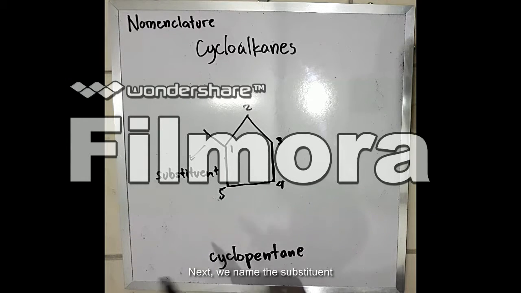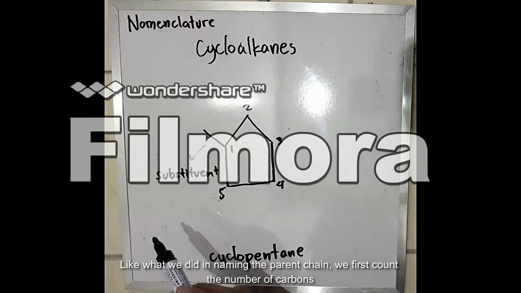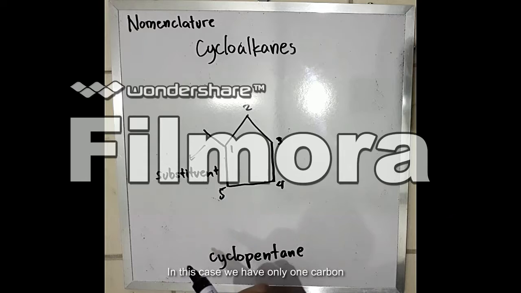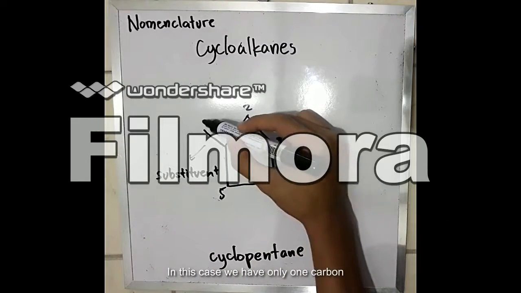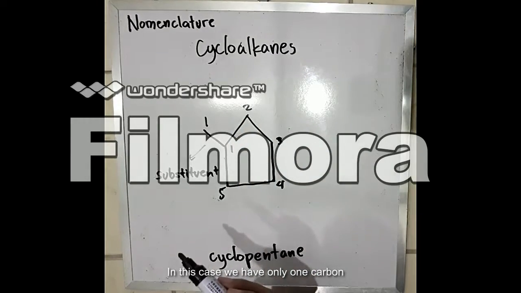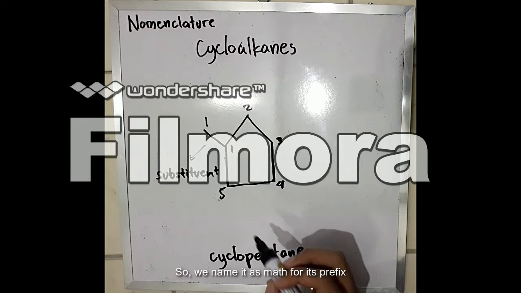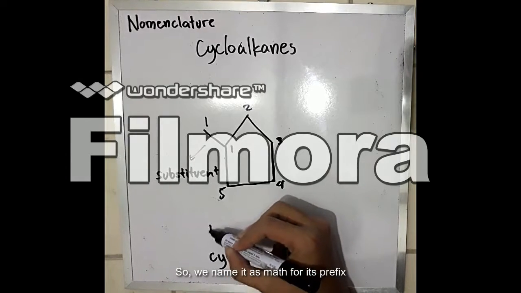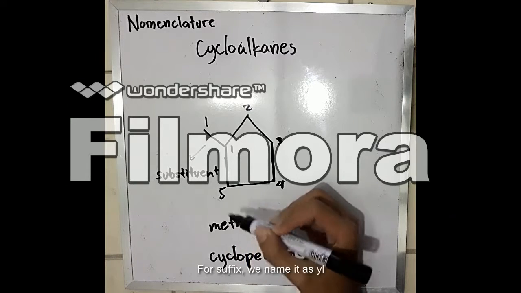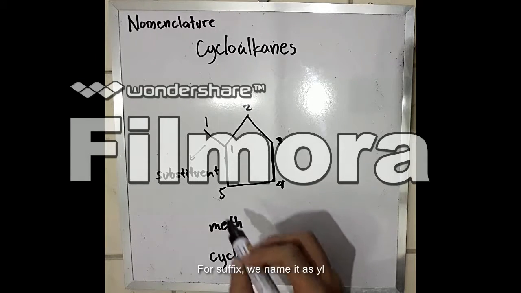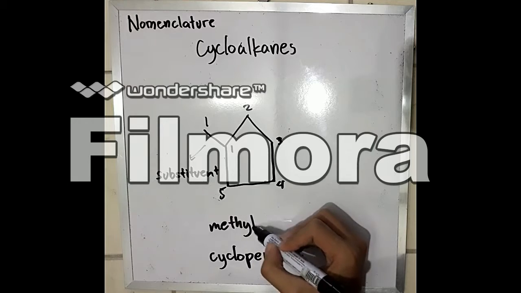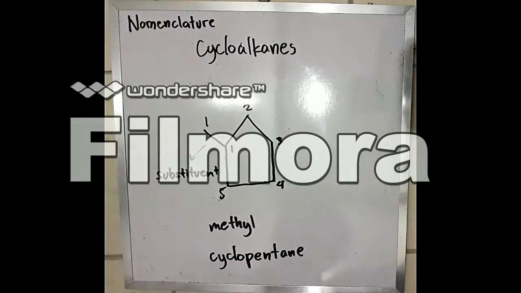Next, we name the substituent. Like we did in naming the parent chain, we first count the number of carbons. In this case, we only have 1 carbon, so we name it meth for its prefix. For its suffix, we name it yl because it's a substituent.